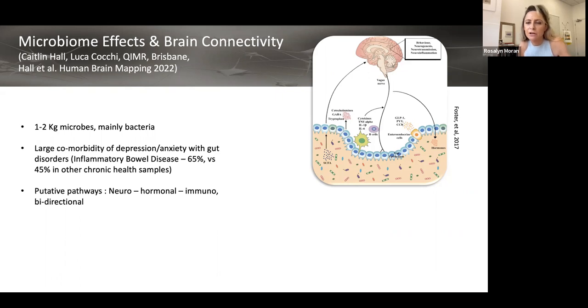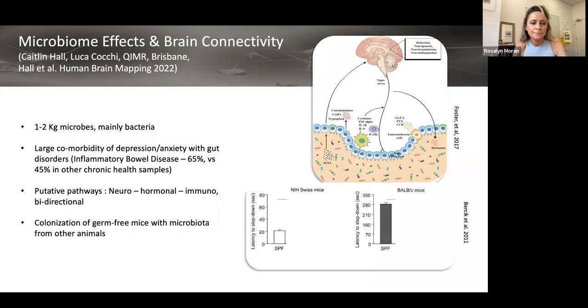So the vagus nerve is the primary direct transmitter, but there are also many pathways at different timescales through hormonal and immunological pathways, like interleukin pathways, that might underpin this particular axis. And I just thought this was a nice study to convince you that this is true, or at least meaningful in the context of brain disorders.